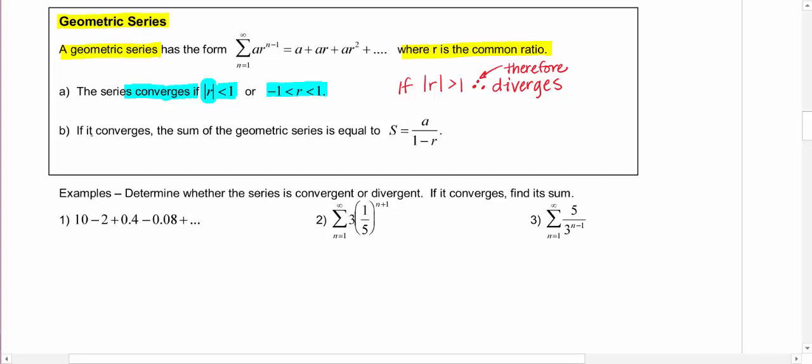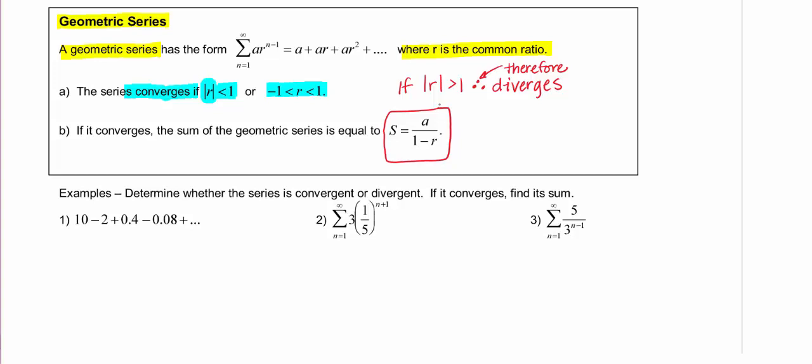Now, if I can say that the series converges, if I think I can find a finite sum that this series will be approaching, just like 2 on the graph that we looked at, then I can say what the geometric series sum will be. Geometric series is unique in this. There are only 2 types of series that we will talk about that we can find their sums, and that is telescoping and geometric.